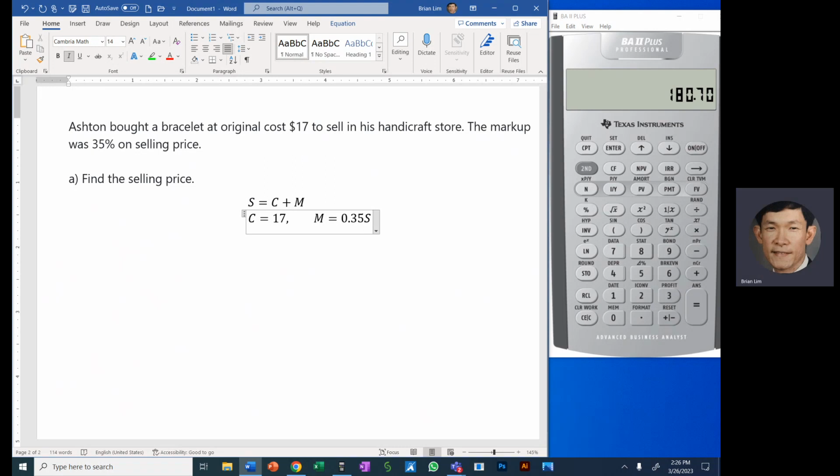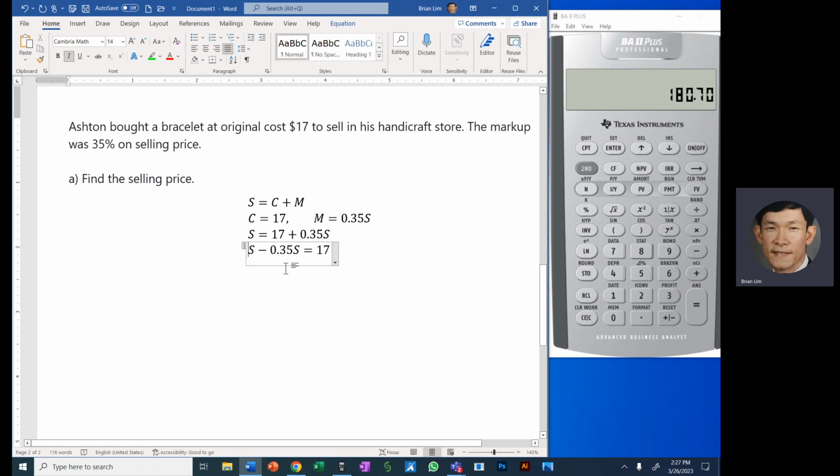Okay, so we don't know what the selling price is, but we know that the markup is based on the selling price, all right? So this one's slightly different and you need to be careful. So S is equal to 17 plus 0.35 S. All right, so we have to rearrange this equation a bit and put S minus 0.35 S is equal to 17.